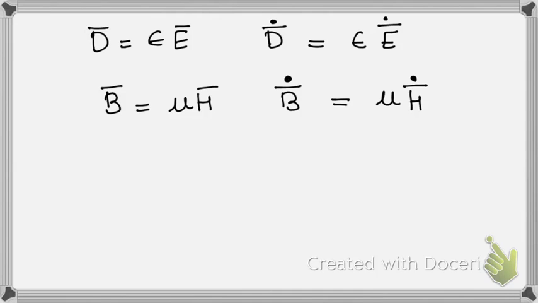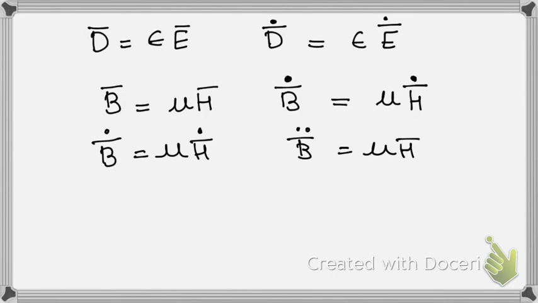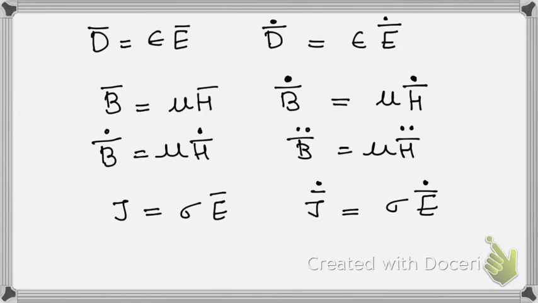Similarly, B dot is already there, and if I take the time derivative of this equation, then it will become B double dot is equal to mu into H double dot. This is also valid. Similarly, J we know as sigma into E bar. So if I take the dot of J, then it will become sigma into E dot also. Again for free space, we will consider mu naught and epsilon naught.